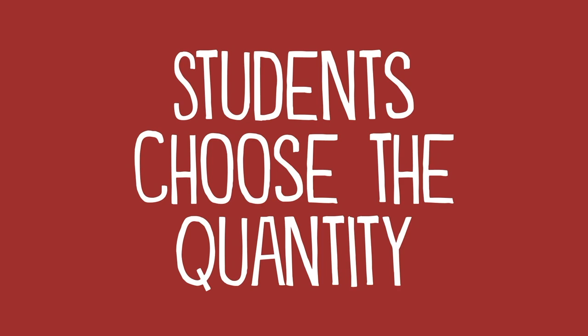And then suddenly we realized that this is something that happens often in other areas of school, and we don't blink an eye, right? When we do silent reading, kids are reading large amounts of text, 20 pages, and then another student's reading 4 pages. And either way, we say that is great independent reading. You're reading at your level. So this is the idea that students should be able to choose the quantity.